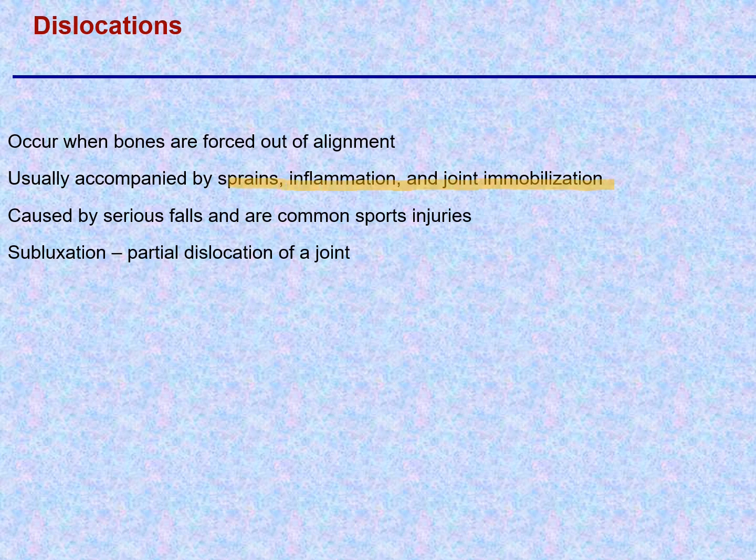Serious falls can result in a dislocated shoulder because of a fall pushing the humerus out of the joint. These are common sports types of injuries. Partial dislocation is called a subluxation. It's a partial movement of the pulling out from the joint, not a full dislocation.